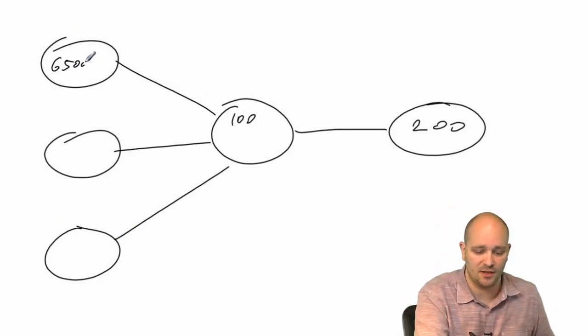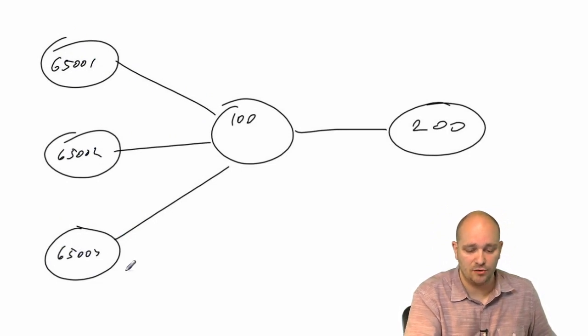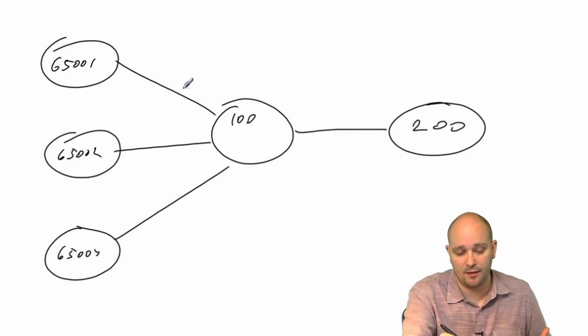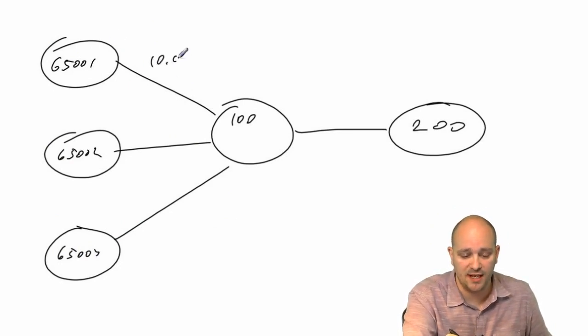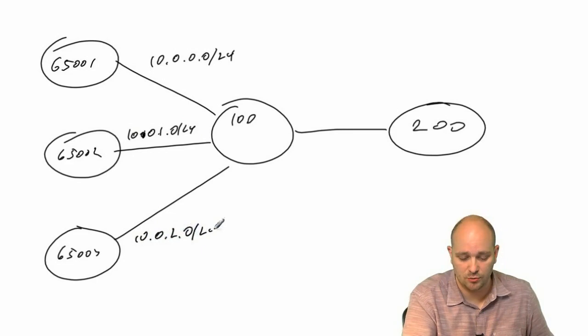Let's say that these are 65001, 65002, and 65003. And let's say that this neighbor here is advertising 10.0.0.0/24, and that this one here is advertising 10.0.1.0/24, and let's say that this one here is advertising 10.0.2.0/24.